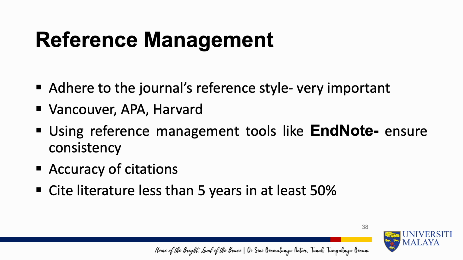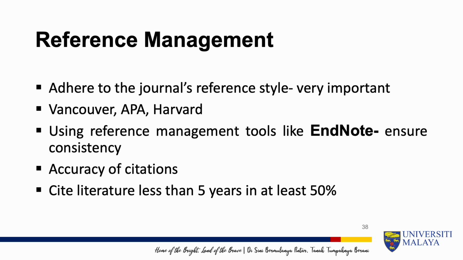So it depends on what style the journal requires. You must be accurate with citations, and this accuracy will avoid rejection due to poor referencing. And always remember, the literature cited in your references should be within 5 years in at least 50% of your journals.